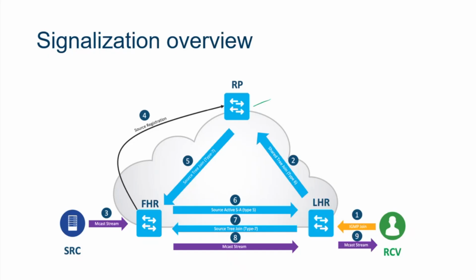And remember, whatever BGP, MVPN, and whatever we are talking about is only in the control plane. The data plane still works the same way. When the LHR knows the source directly, it will trigger that SPT. It will send this directly to the FHR, and FHR will start sending the multicast stream. RP will not come in the data plane at all.